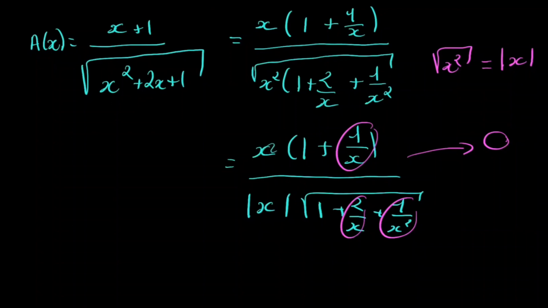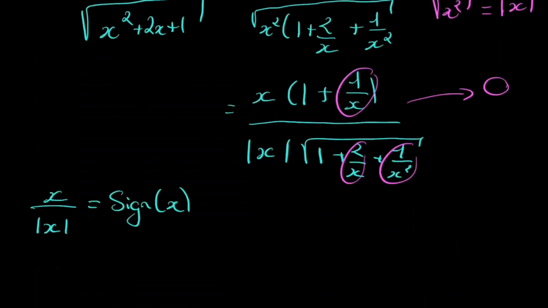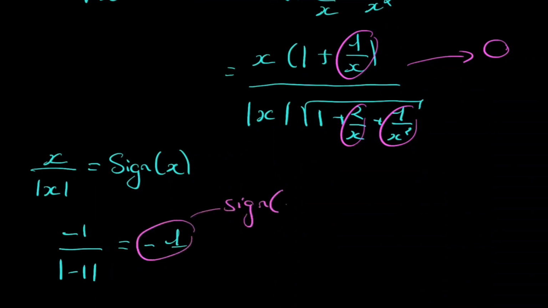This thing here will give us the sign, so x over absolute value of x gives us the sign of x. If we have minus 1 over absolute value of minus 1, it's equal to minus 1. So this is the sign of minus 1.